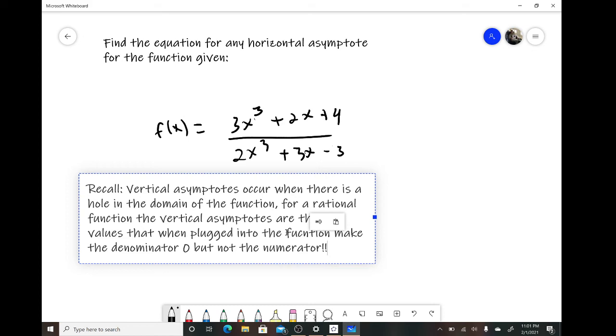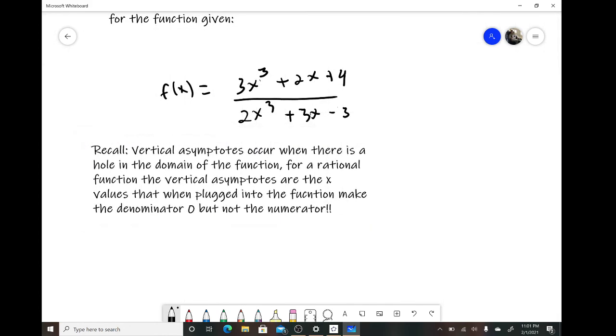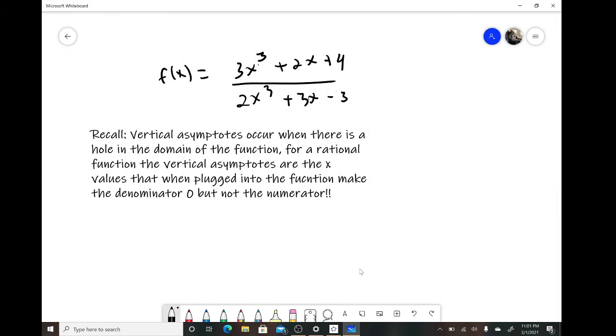So only the denominator. So that's for a vertical asymptote.